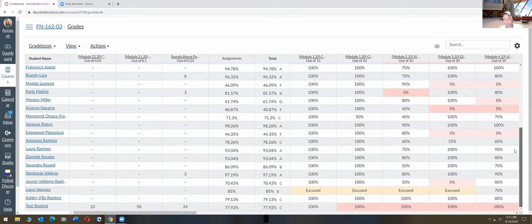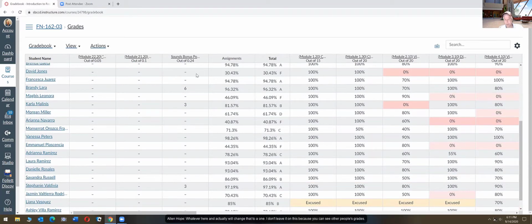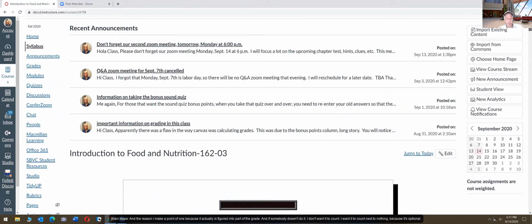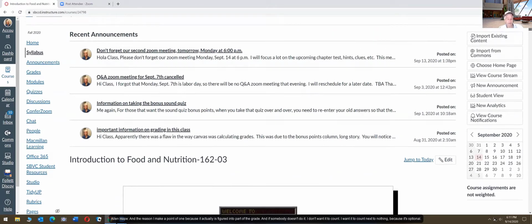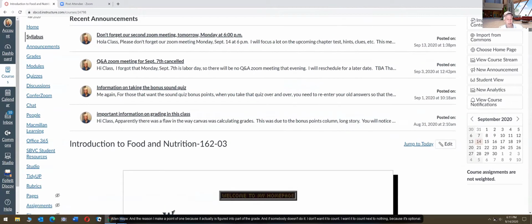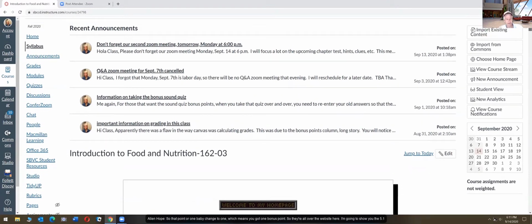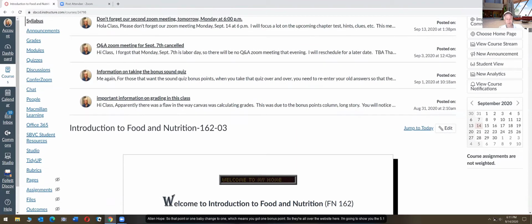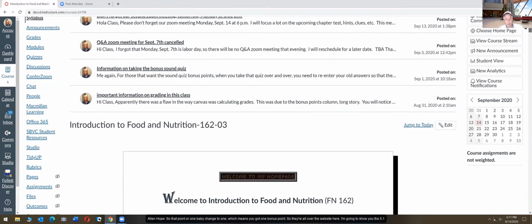But what it'll show, don't pay attention to this, it'll actually add 0.01 here, and I will change that to a 1. I don't leave it on this because you can see other people's grades. And the reason I make it 0.01 is because it actually is figured into part of the grade, and if somebody doesn't do it, I don't want it to count. I want it to count next to nothing because it's optional. So that 0.01 would be changed to 1, which means you got 1 bonus point.